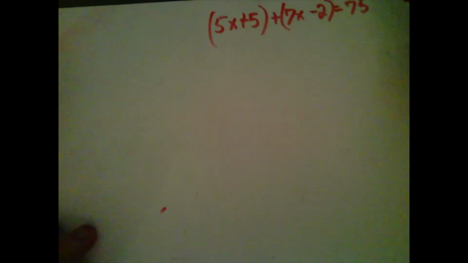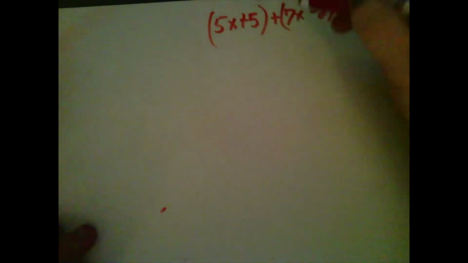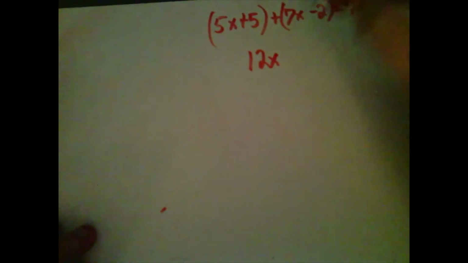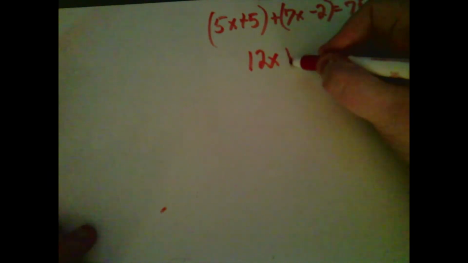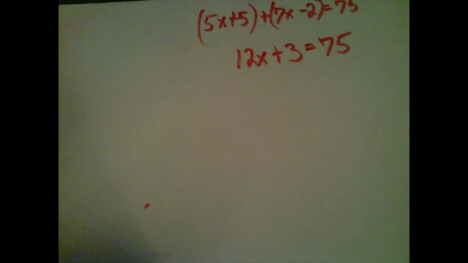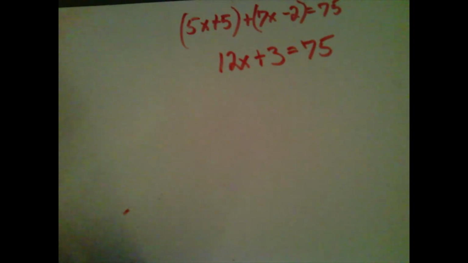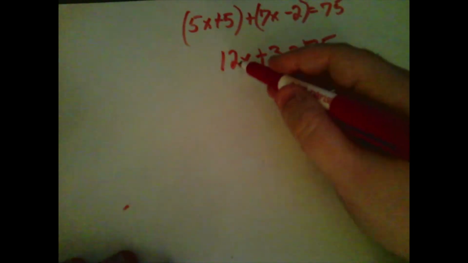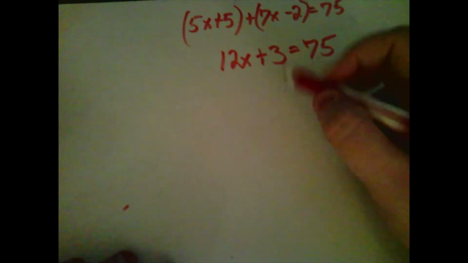Let's use those commutative properties of addition. 5x plus 7x, that is 12x. 5 minus 2 is 3, is equal to 75. Okay, so what can we do with this? Well, we have an equation here. We can certainly solve for x, can't we? Let's do it.